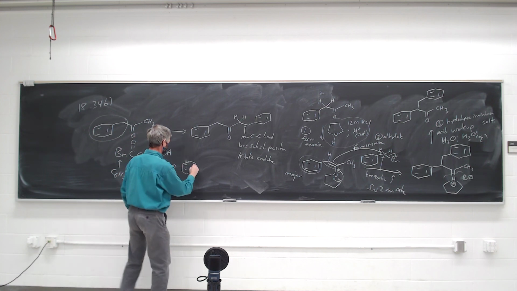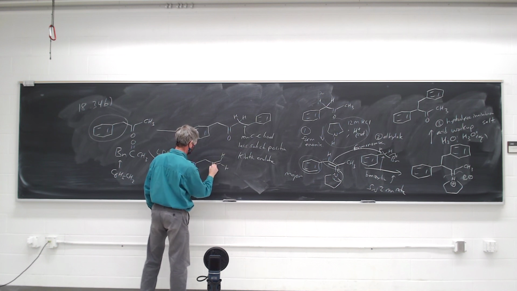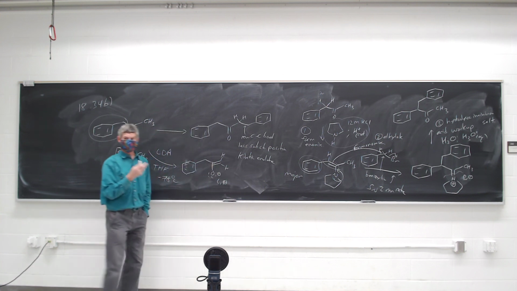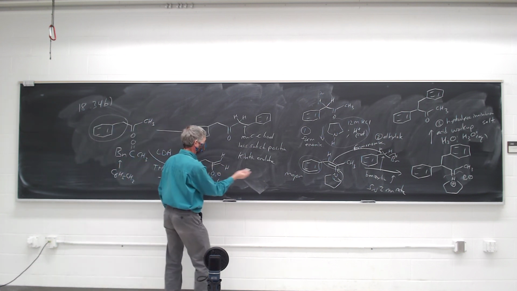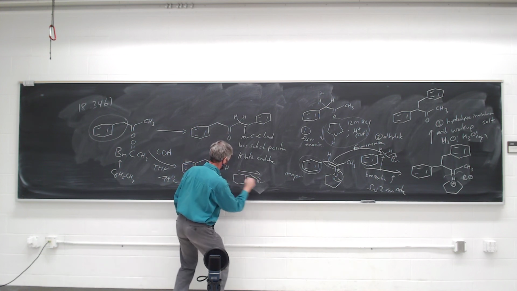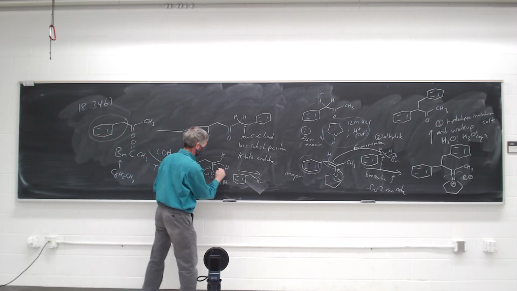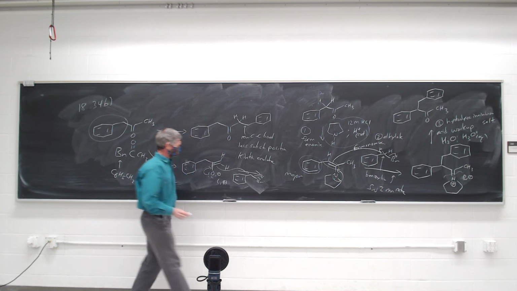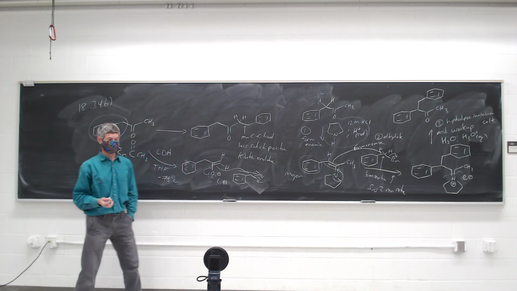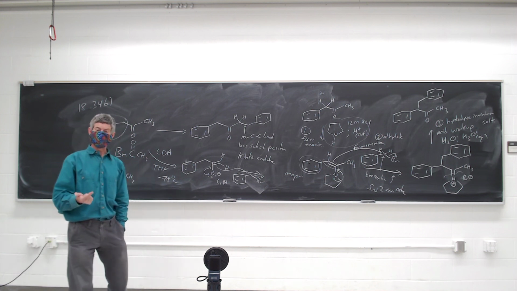And by keeping it cold, we'll generate the kinetic enolate, and then the second step is the same: alkylate that with benzyl bromide, and then aqueous acid workup will get you to the final product. So the kinetic product, LDA, and then alkylation.